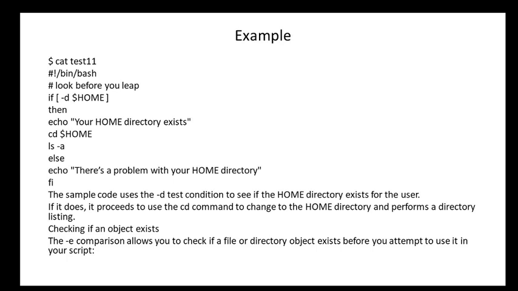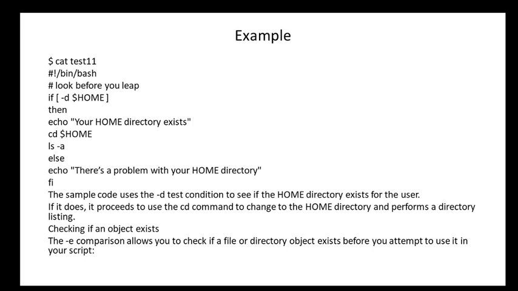If D home, instead of the test keyword we have used square brackets. This code uses the D test condition to see if the home directory exists for the user. If it does, it proceeds to use the cd command to change to the home directory and performs a directory listing.